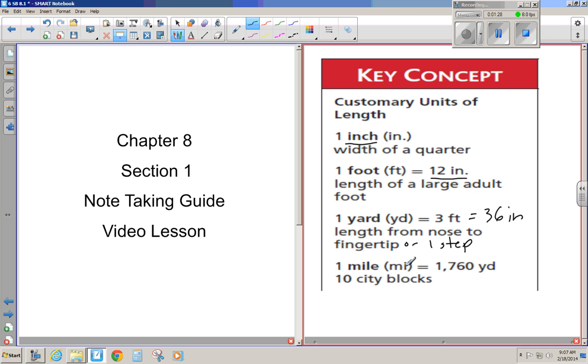One mile is this many yards. It's also equal to 5,280 feet. And you could say that it is about 10 city blocks.